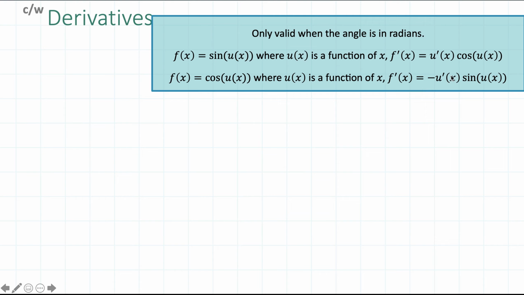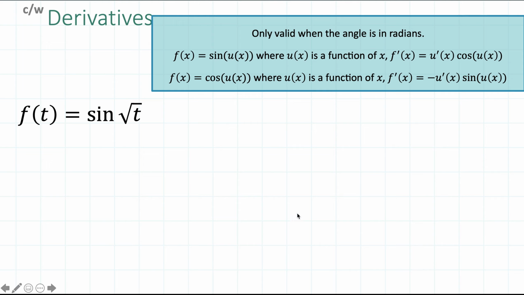If it's for sine, then you take the derivative of the argument, the derivative of the inside, and multiply it by cos, and then keep the u of x there. And if the function was cos, you're going to derive whatever was inside, so u prime, then the negative sine u of x. It's going to make sense with an example. This is just a lot of words here.